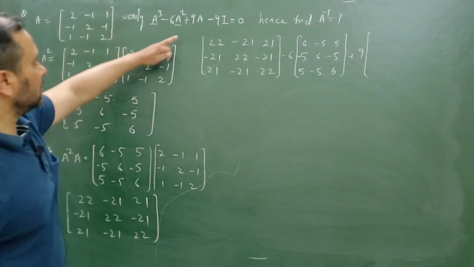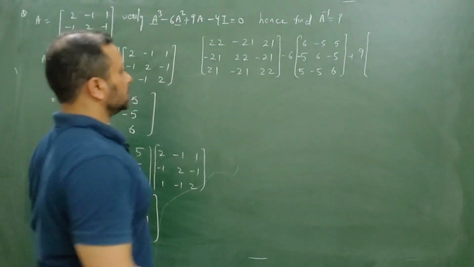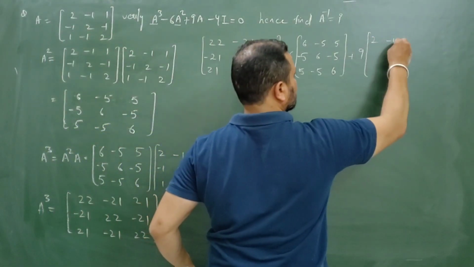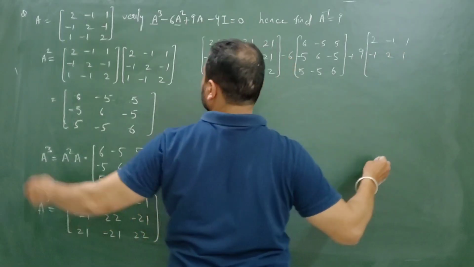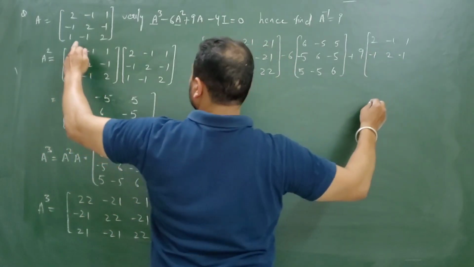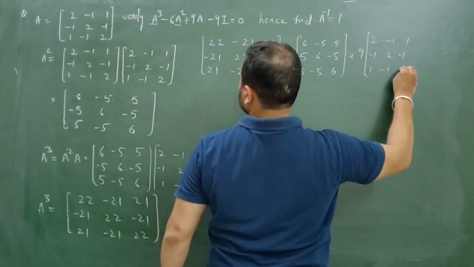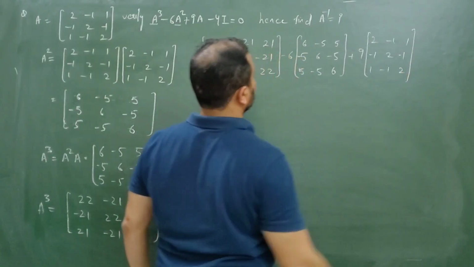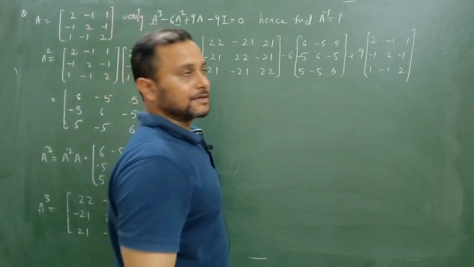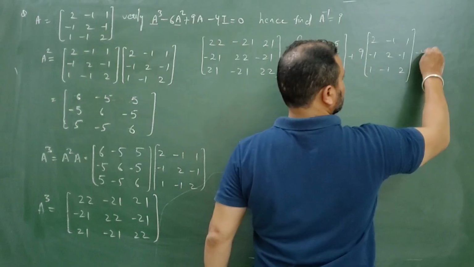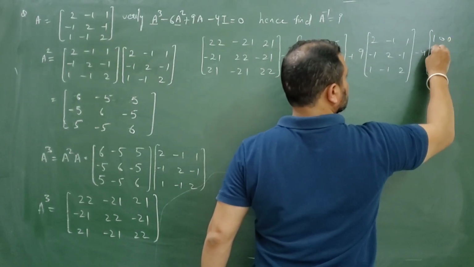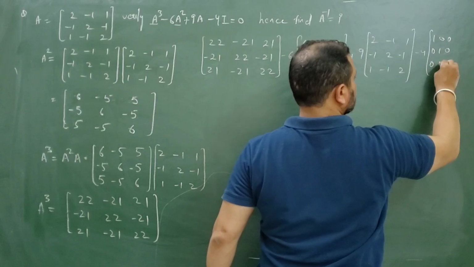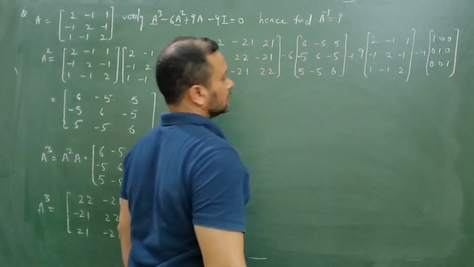This is 9. The matrix A is 2, minus 1, 1, minus 2, 1, minus 2, 1, minus 1, 2, and the last one is minus 4 times the identity matrix. Like this.